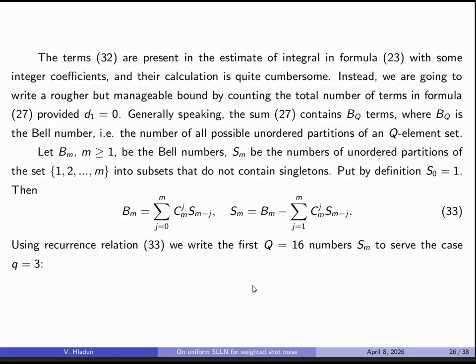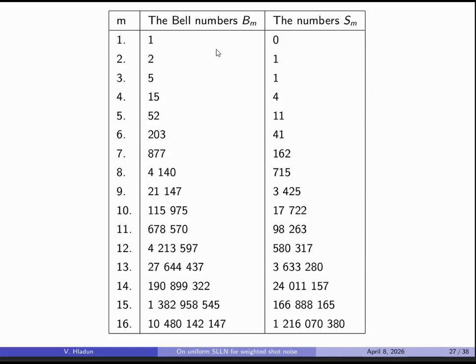So using this relation 33, we write the first 16 numbers S_m to cover the case q equals 3. Here you can see a table.